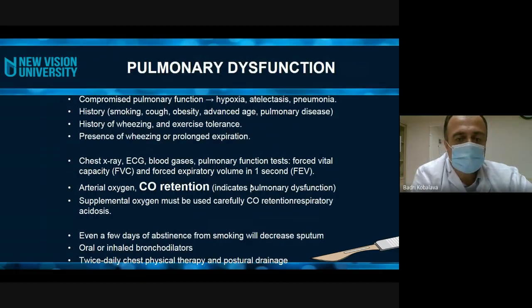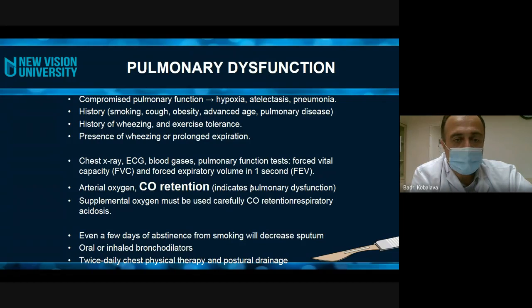Pulmonary dysfunction. So pulmonary function, as well as the cardiovascular system, is a vital system. So the patient can live with depressed immunity, for example, but with abnormal pulmonary and respiratory function and cardiovascular function, it quickly leads to complications and even death of the patient.